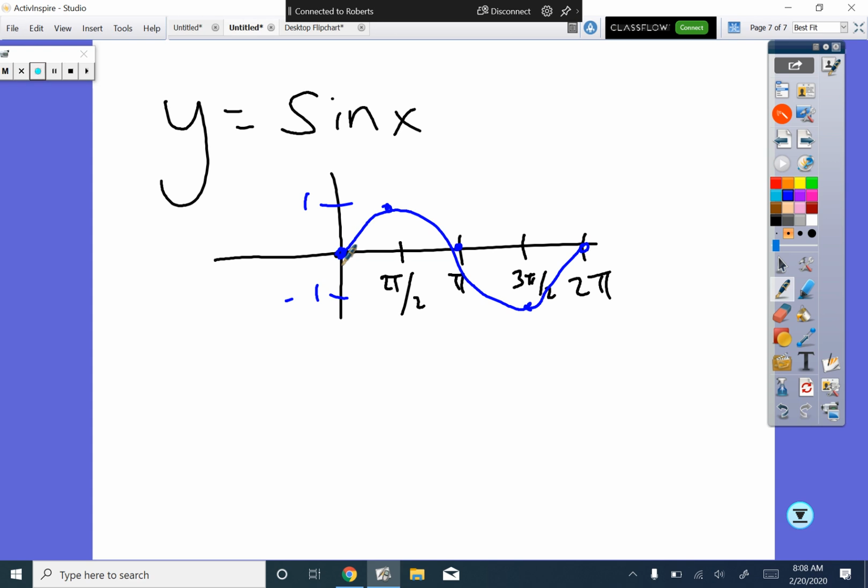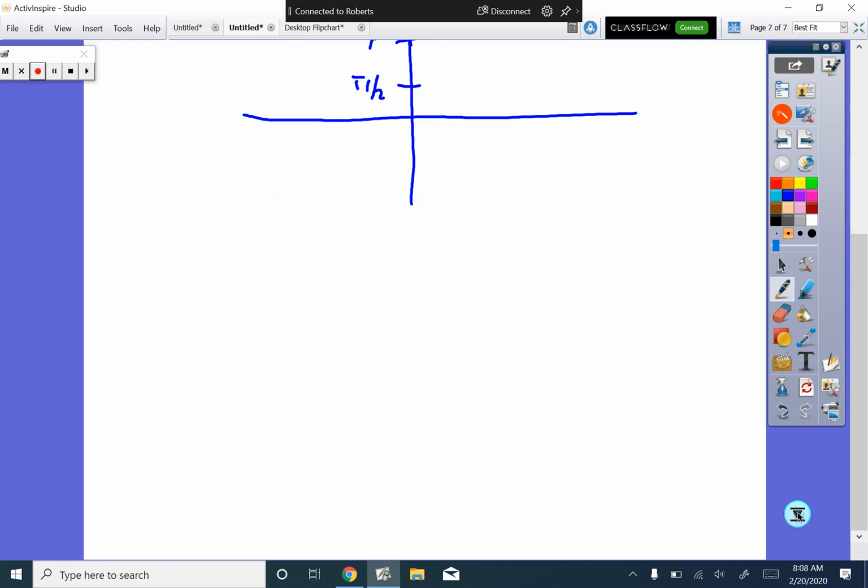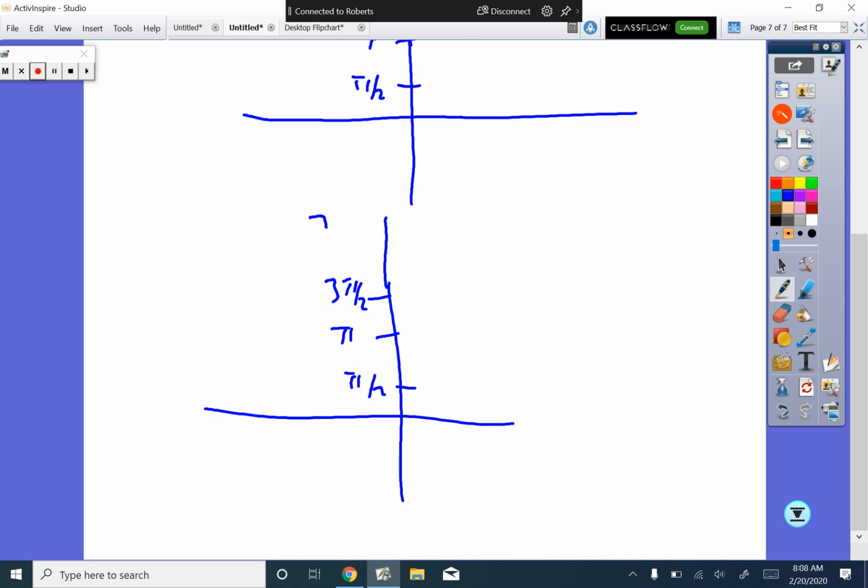Now I want to show you what its inverse would look like. Well, the x values become the y values, so this goes this way. This is pi halves, pi, 3 pi halves, 2 pi.